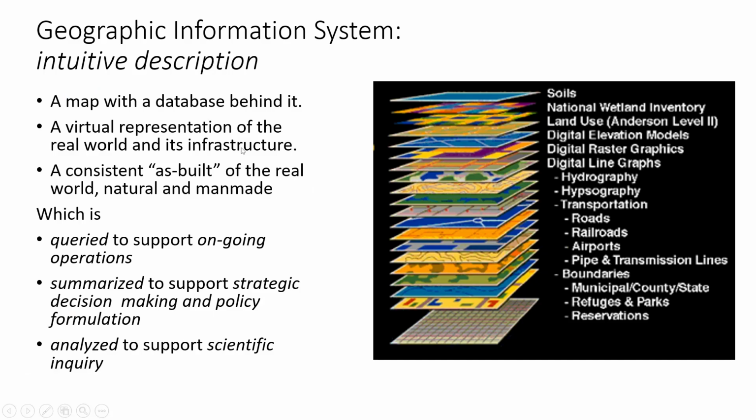How can we describe GIS? It's kind of a map with a database behind it. We can explain GIS also as a visual representation of the real world and its infrastructure.